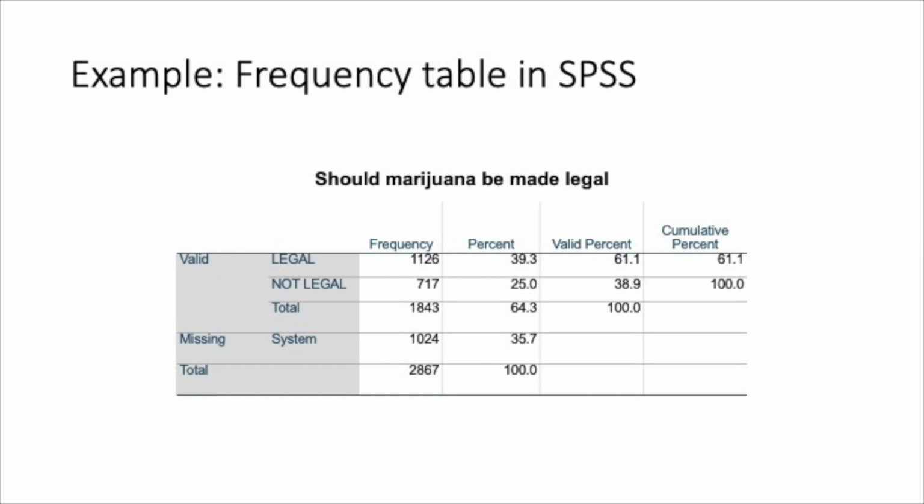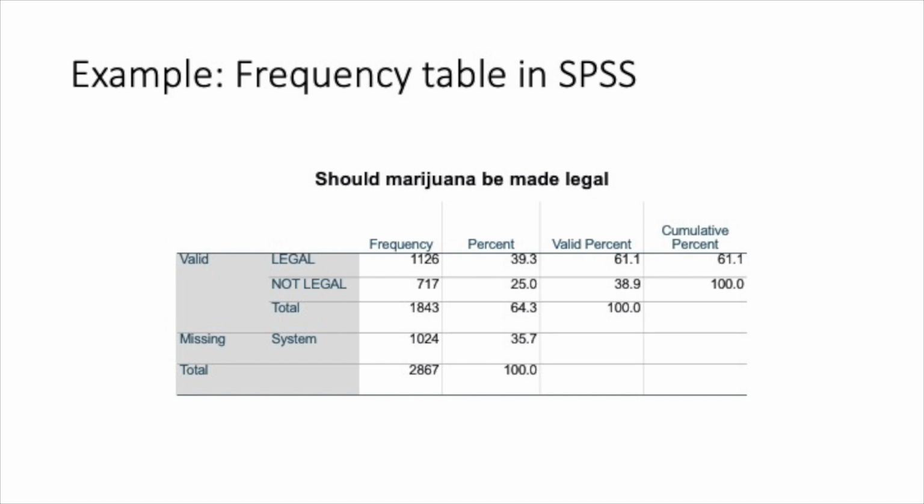It's because the General Social Survey doesn't pose every single question to every single participant. They want to break it up a little so that they don't end up with really long surveys, trying to make it a little easier on their participants. So a number of them didn't actually get this question to answer. So 1,024 are missing, and then the total on the bottom is of everybody, missing or valid, how many do we have?